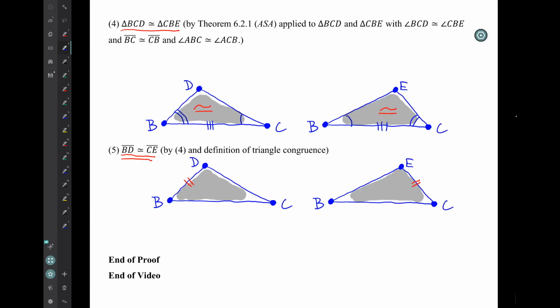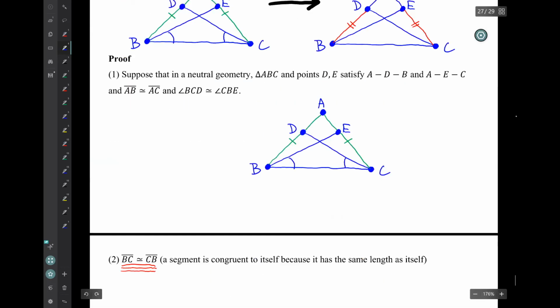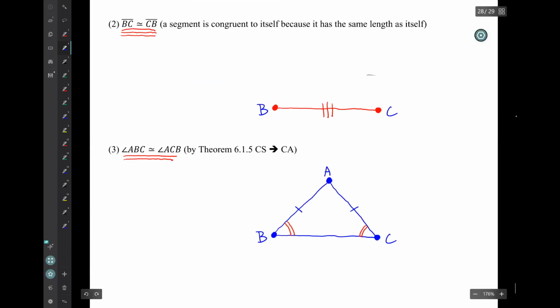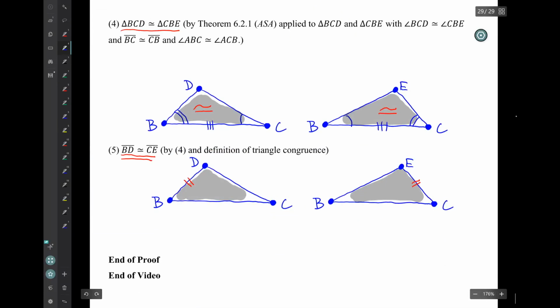Statement 4 says triangle BCD is congruent to triangle CBE. Now notice that these triangles were overlapping in the original drawing. Those triangles are in there. It's confusing to talk about them though when they're overlapping. So here I've just simply pulled them apart.